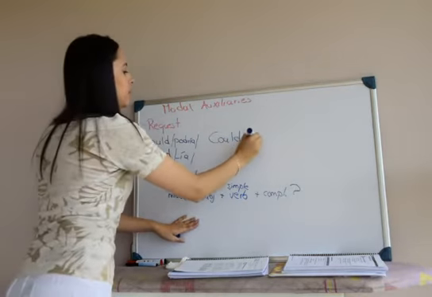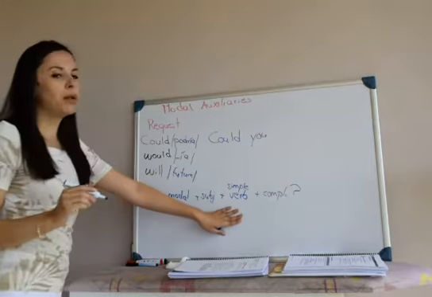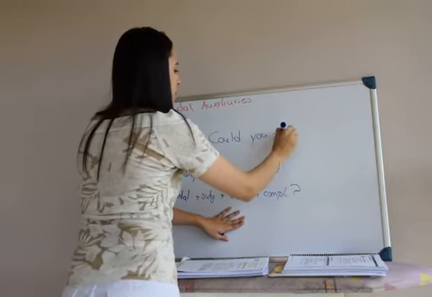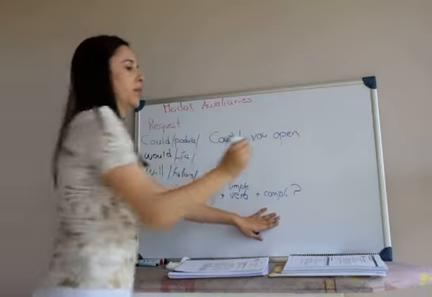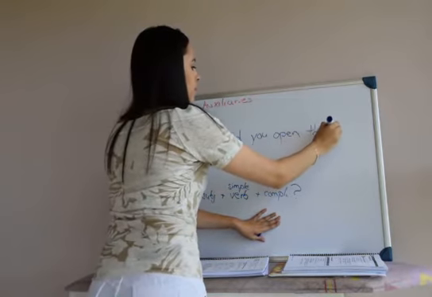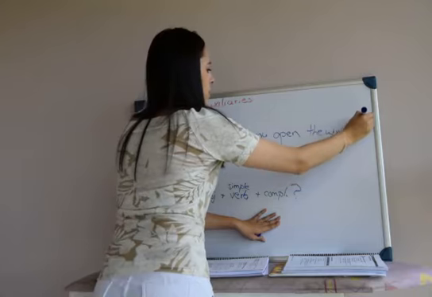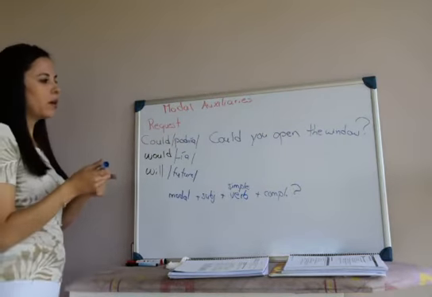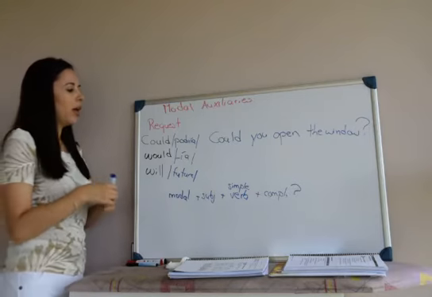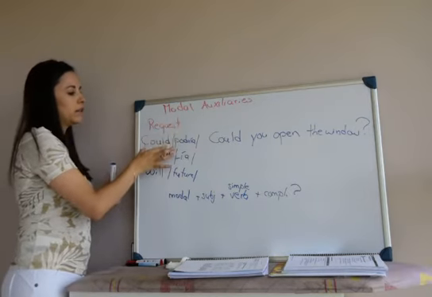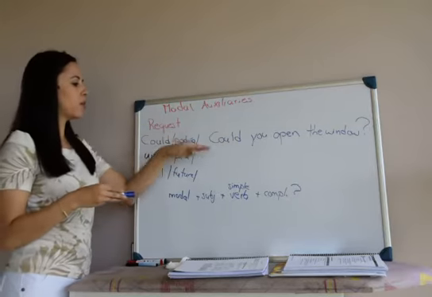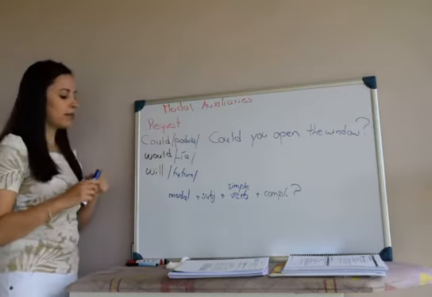So, could you? Simple verb. In this case, the verb is open. Could you open the complement? The window, question mark, and then we can add please, of course. Could you open the window, please? That will be a request using could. Could, podría abrir la ventana, please? That is a request.